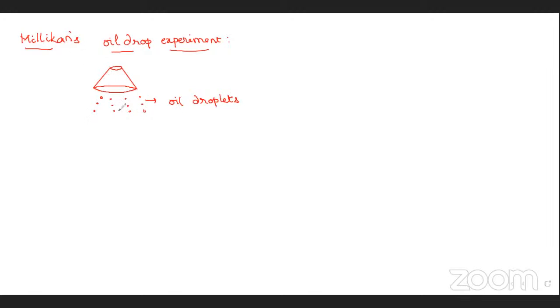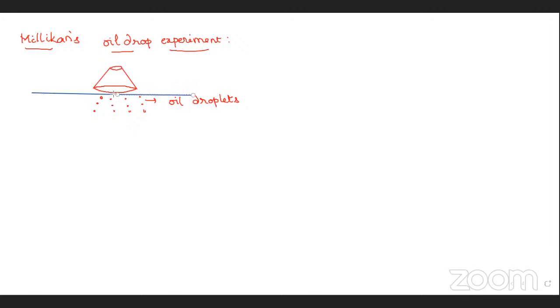Yes. Okay, right. Then here what Millikan did is simple. He did not apply any electric or magnetic field here. Suppose I take one electrode here and place a small hole there.